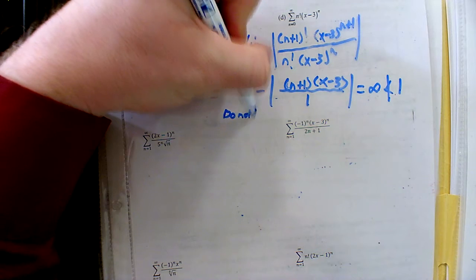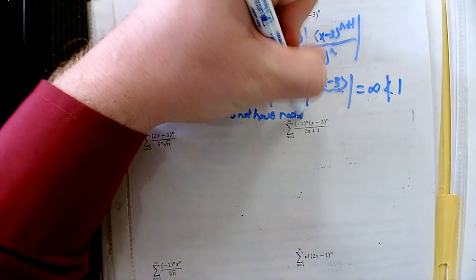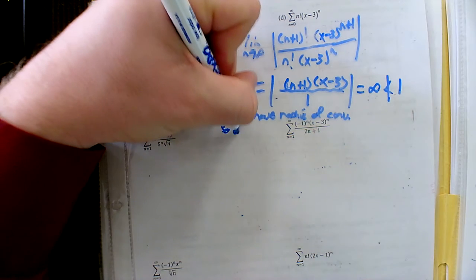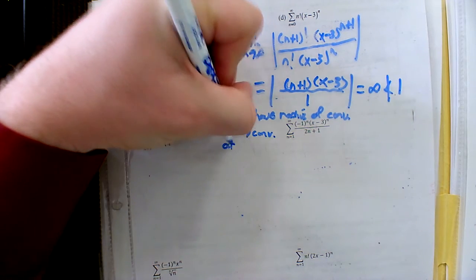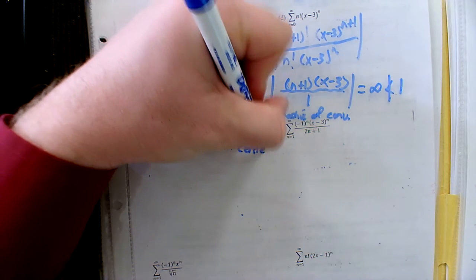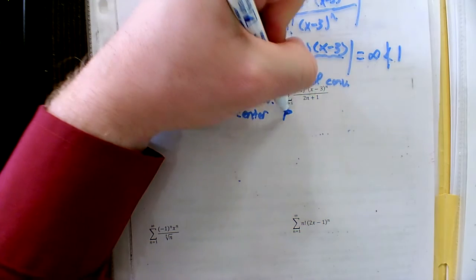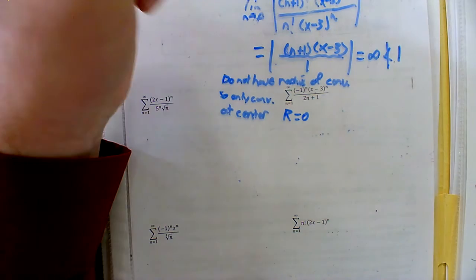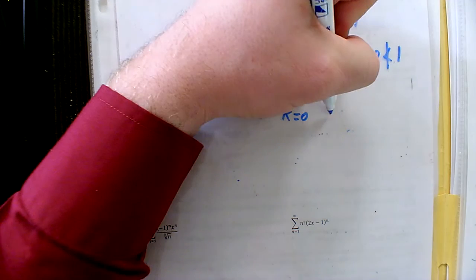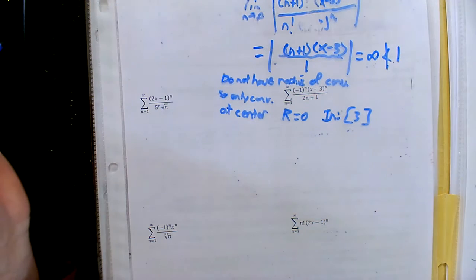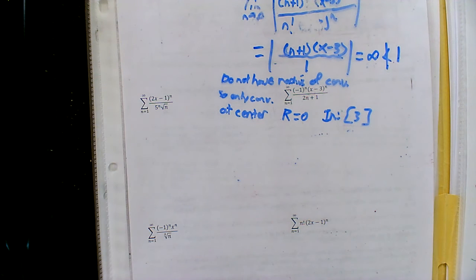So it only converges at the center. If they wanted you to list this out, if it was an open-ended question, you would say your radius is equal to 0. And if they asked you for an interval, there's really no interval, but if they ask it to be set as an interval, it would just be 3. That's your center. That's the only place it converges, because we said we have no radius of convergence. The only place it's exactly the same is right at the center.